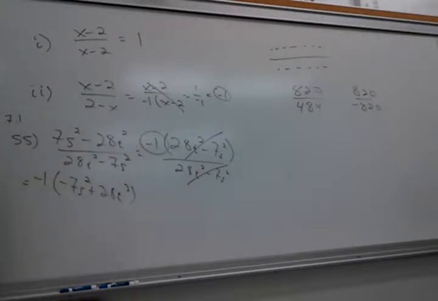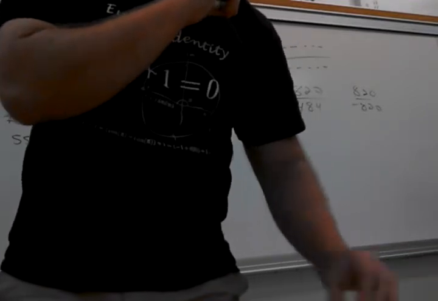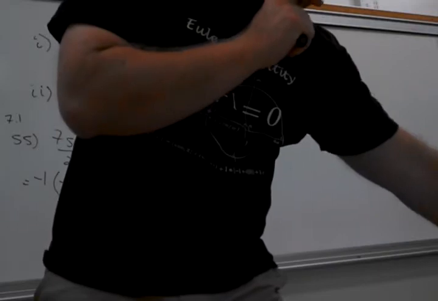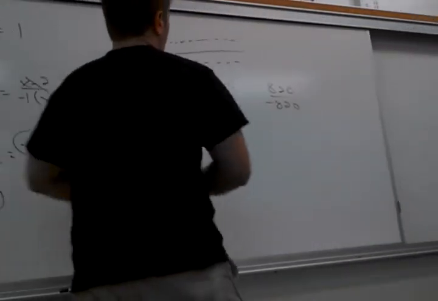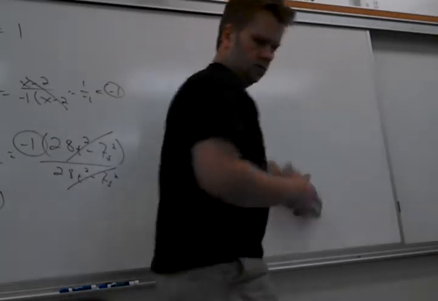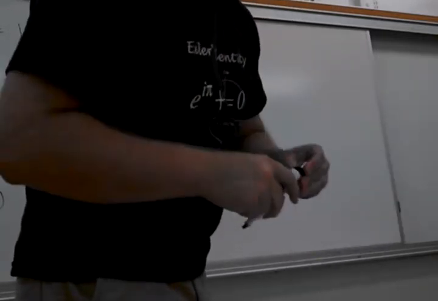I have one more question, and it's back on 11.1. Number 21. What's going on with that one? Did it come out weird? Well, the answer was dependent on the middle equation.